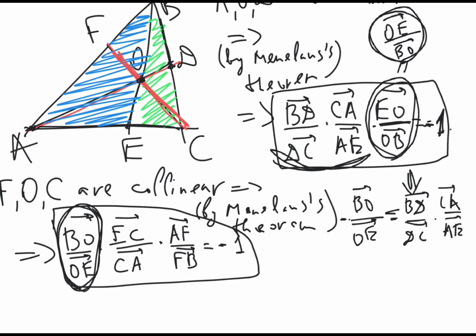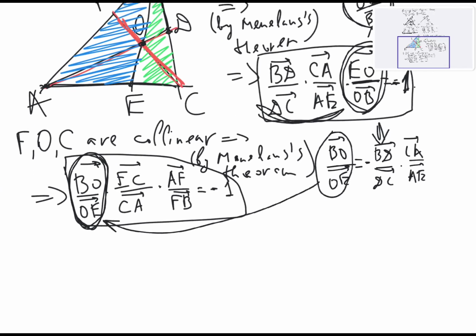Okay, so minus BO over OE, or we can move the minus to the right hand side now. So this is equal to minus this. And now we simply substitute it here, rewrite here.